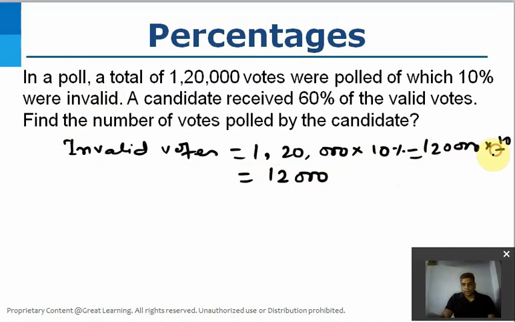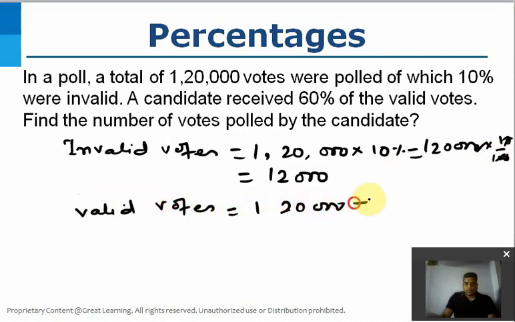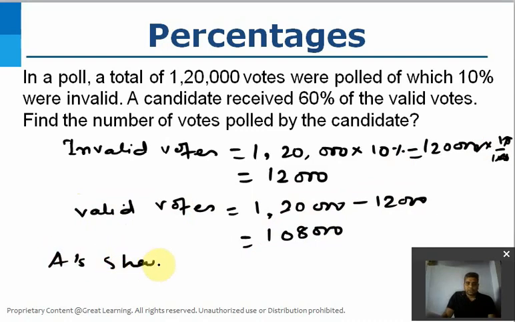Now 10% of this comes out to be nothing but 120,000 into 10 by 100. So it comes out to be 12,000. So valid votes will be how much? 1,20,000 minus 12,000, right? So I get 1,08,000 as valid votes. Now A's share is nothing but 60% of this.